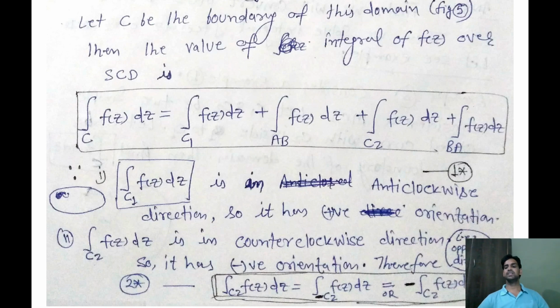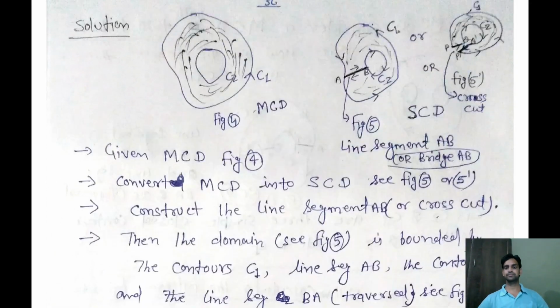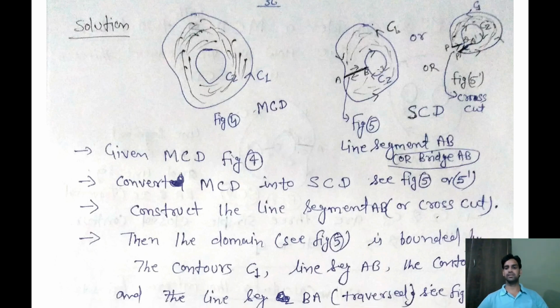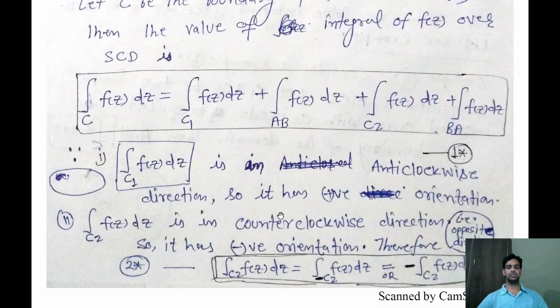You can see this: we are taking the integral over C1 in the anti-clockwise direction, and now the integral of f(z) over C2 is in the clockwise direction, the opposite direction, so it has the negative value. So the integral of f(z) over C2 dz we can rewrite as the integral of f(z) over minus C2, or also we can say minus the integral of f(z) over C2.